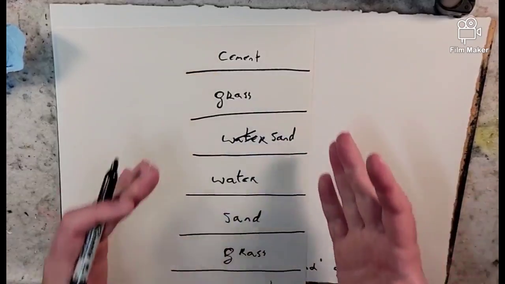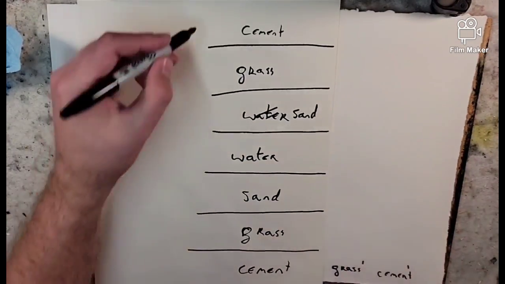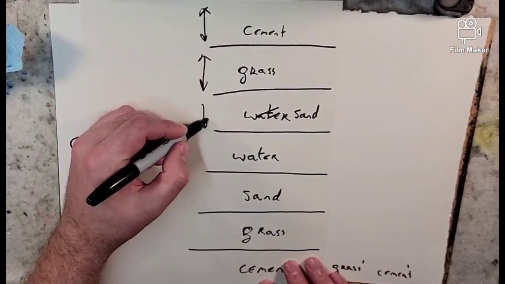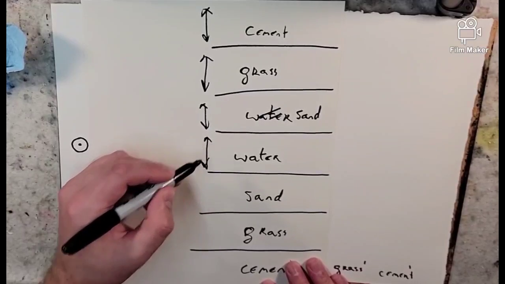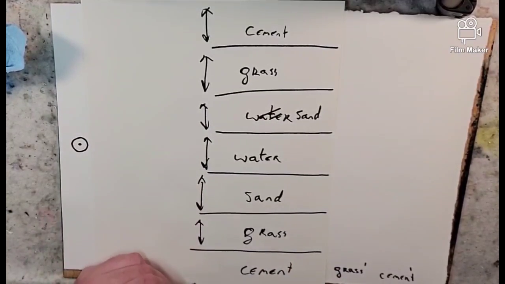So if we were to paint this picture like this, from this view, everything would be wrong. These heights, being all the same, doesn't create perspective. It creates a very flat image.